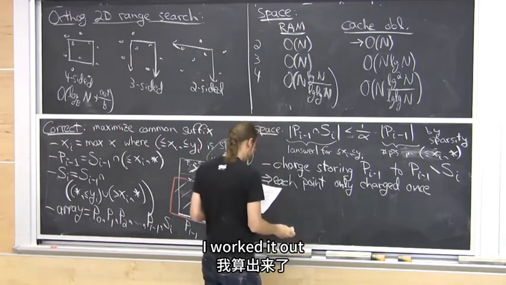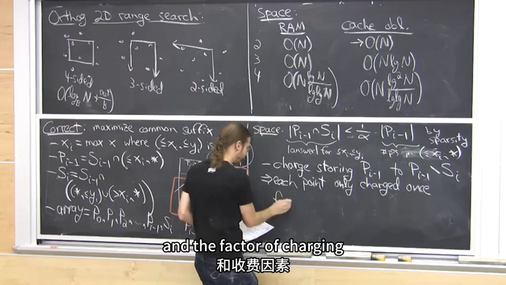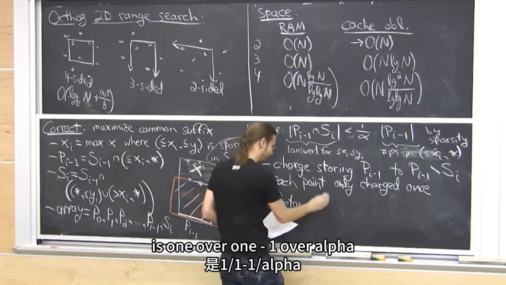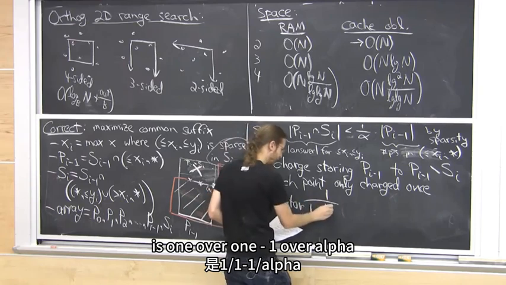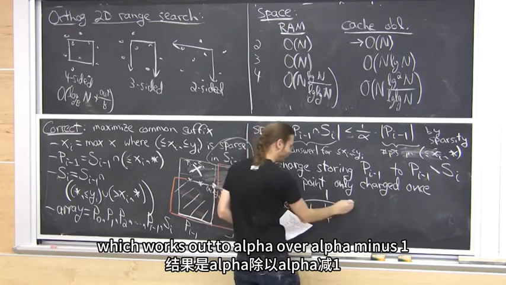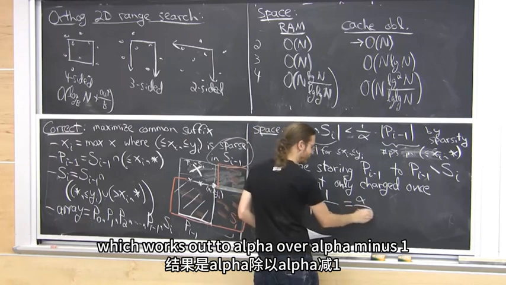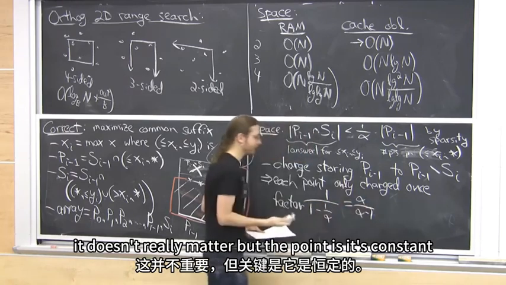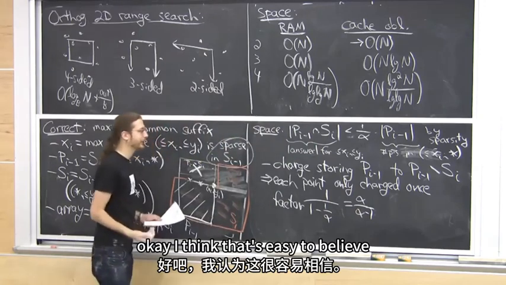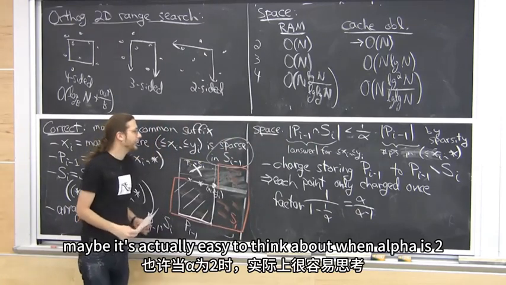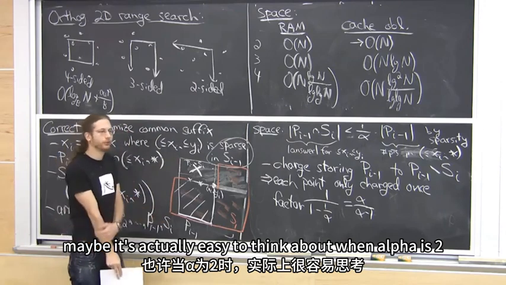I worked it out, and the factor of charging, assuming I did it correctly, is 1 over 1 minus 1 over alpha, which works out to alpha over alpha minus 1. It doesn't really matter, but the point is it's constant. Okay, I think that's easy to believe. Maybe it's actually easiest to think about when alpha is 2.